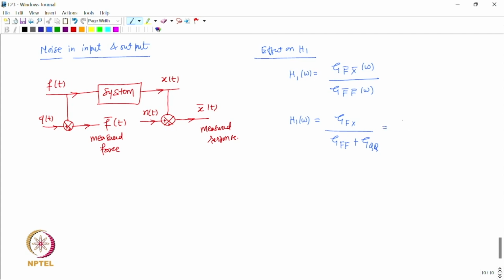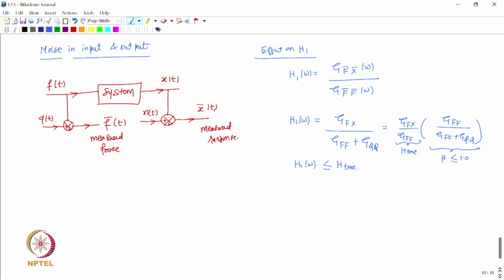So, this is equal to, as we did before, we can multiply by G f f and divide by G f f, which gives us G f f upon G f f plus G q q, which shows that H1 omega is less than or equal to H2, because this quantity is nothing but H2, and this factor is always less than or equal to 1, the beta factor we called earlier.